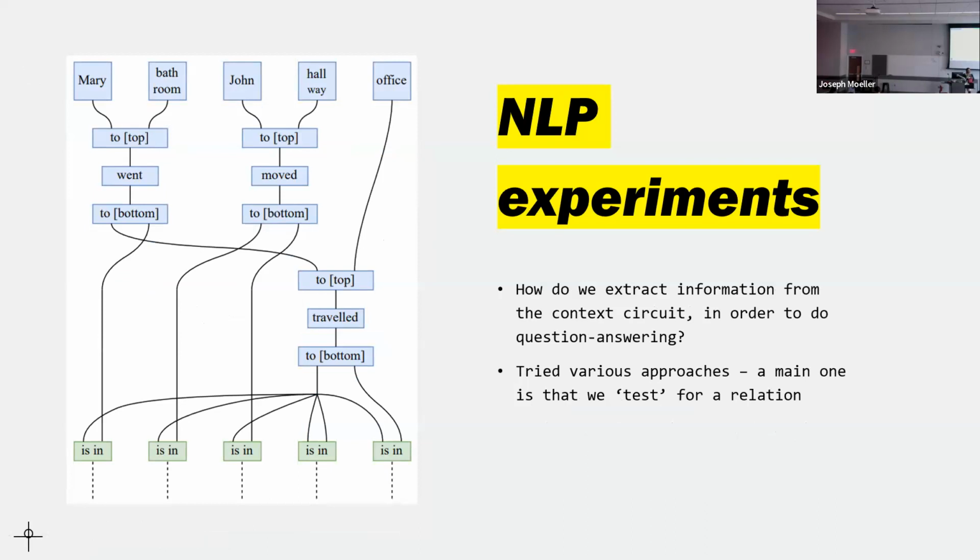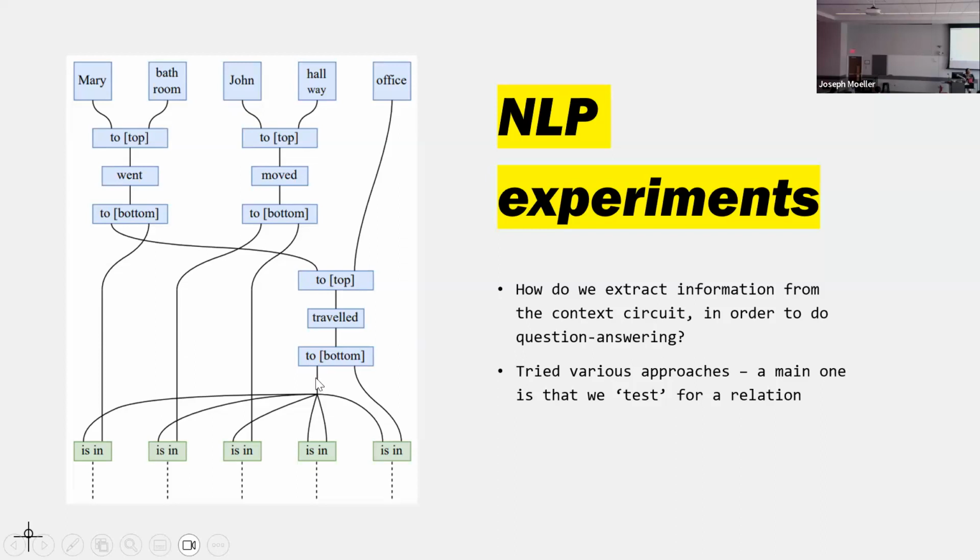And this is not immediately obvious, and we tried a bunch of different approaches, and there were a few that worked. One that we kind of like, because it's interpretable, is that we test the different wires at the bottom for relations. In this case, this wire here, if you track it, corresponds to Mary.